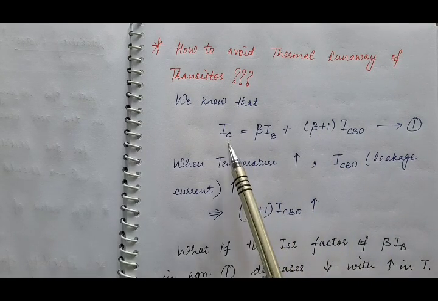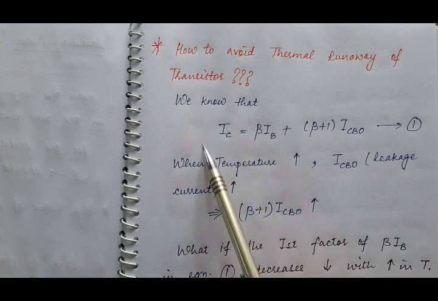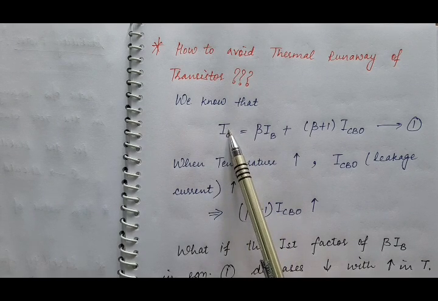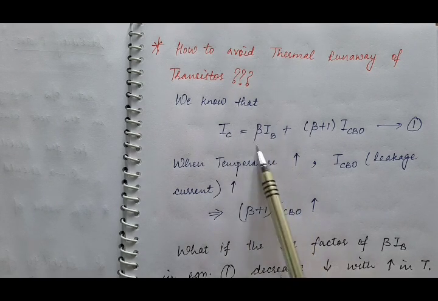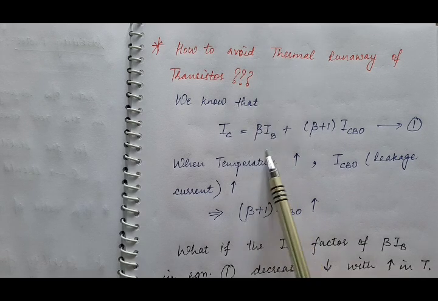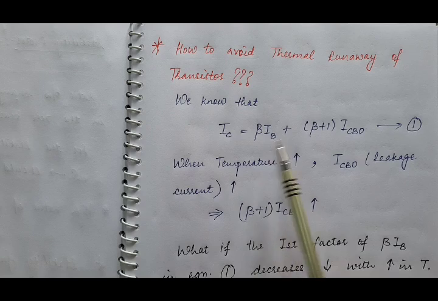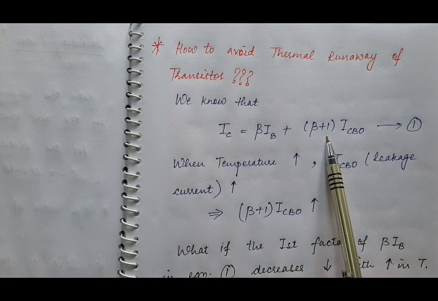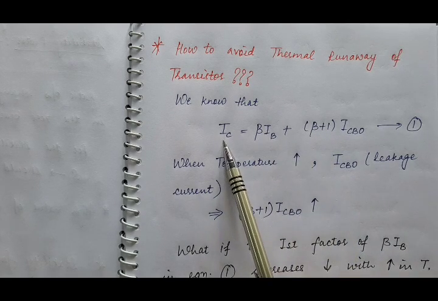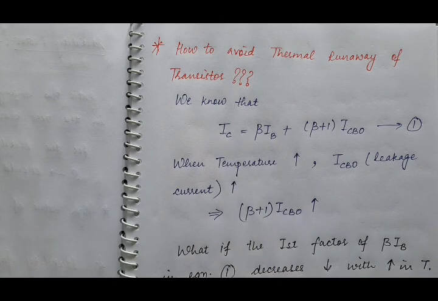But to control the increase in this collector current, what we can do is, if this factor decreases by the same amount to compensate the increase in this factor, then the overall variation in the value of IC will be very small, and there will be no thermal runaway.